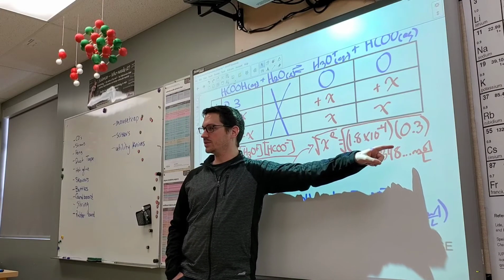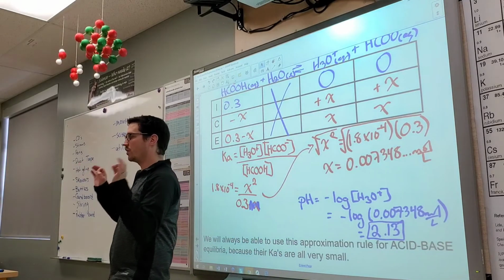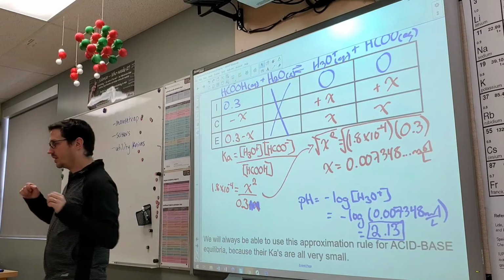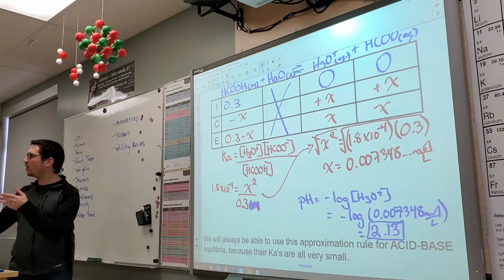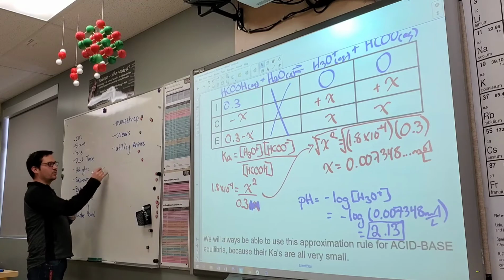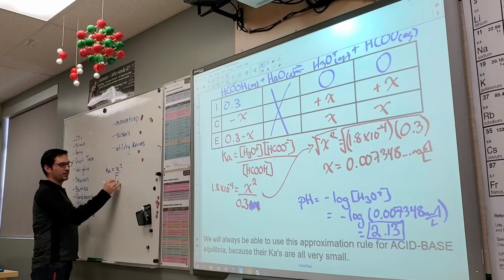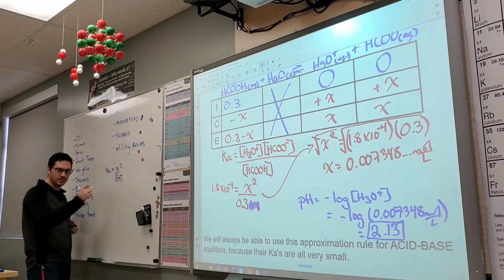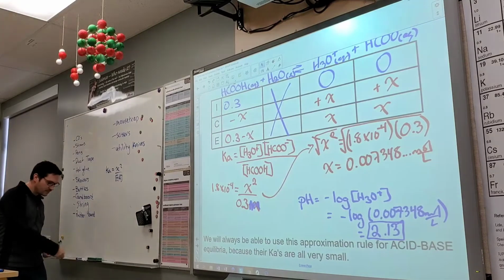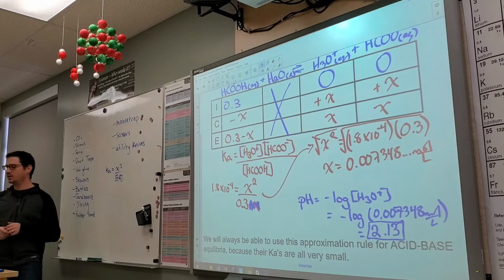Do you see what I'm talking about? There is a super big shortcut here. If you understood all of the chemistry, you could jump straight to Ka is going to be x squared over the original acid concentration, and you can just solve for x. That's the shortcut.